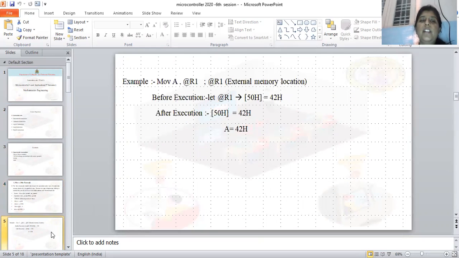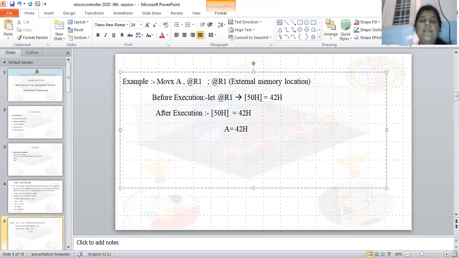Consider an example: MOVX A, @R1. Here @R1 represents the indirect addressing of the memory location.